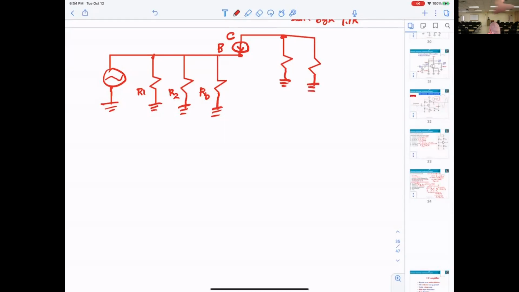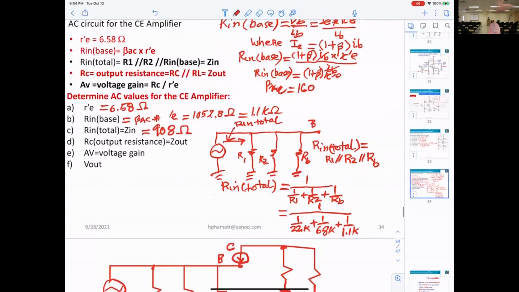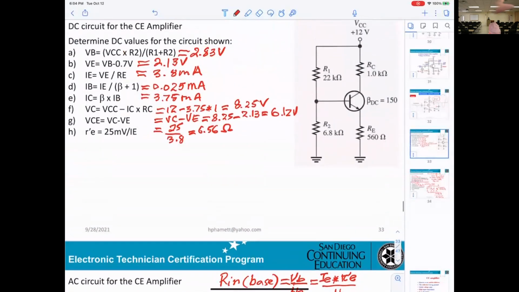Let's see what resistors are here. They will be 1K RC.